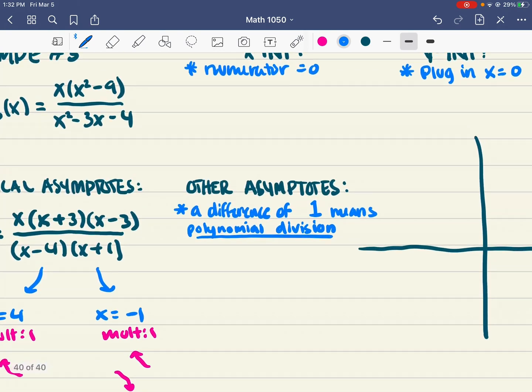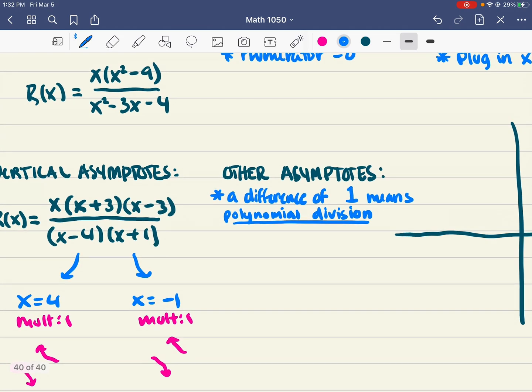So in order to find where that asymptote is, you need to divide the bottom from the top. You need to actually do this polynomial division, because already it is two polynomials divided by one another, but we need to actually divide them.